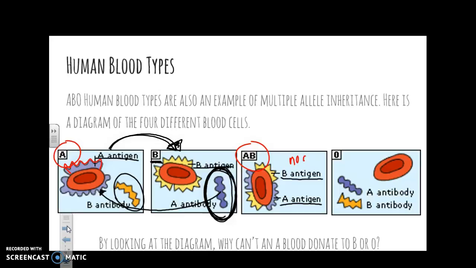There are no antibodies produced here. You can think about that because the AB blood type has these proteins. So it's not afraid of them because it already has them. It's familiar with them. It knows what it looks like. So when A blood donates to somebody that has AB blood, it would be okay, and it would be a successful blood transfusion because AB doesn't produce any antibodies. So they're the universal receiver.